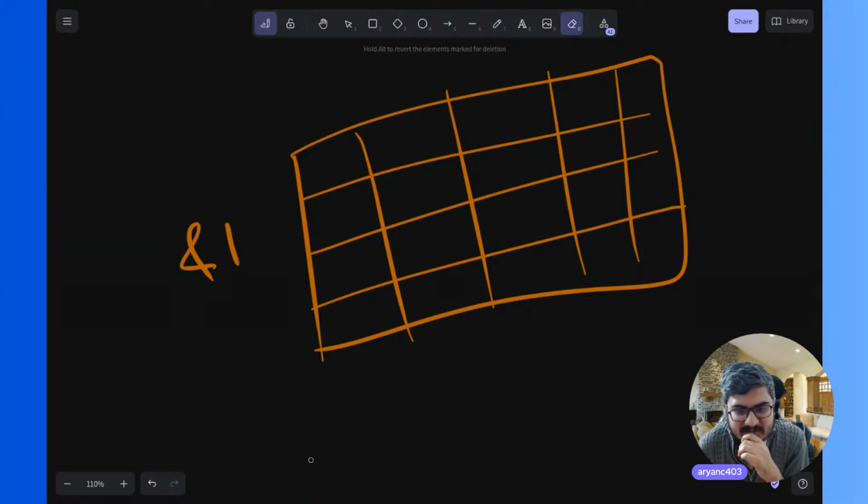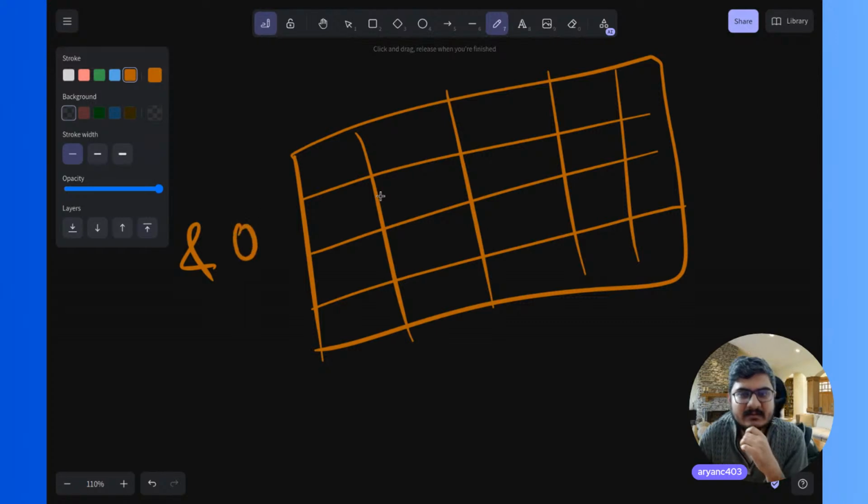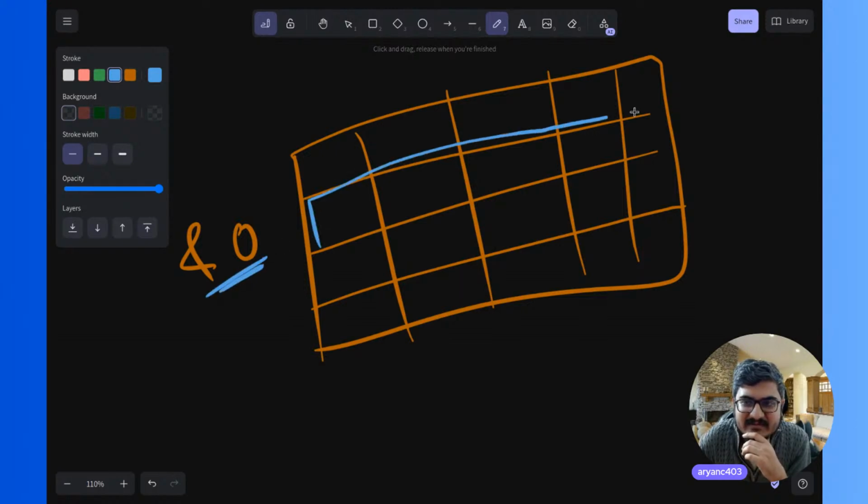Or it's actually the other way around. Let's say I want to do it with AND 0 here. What we are essentially doing is, let's first make it 0 and then see if we will be able to make everything 1 here.